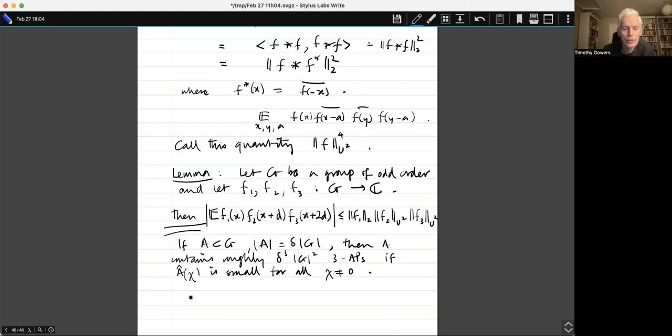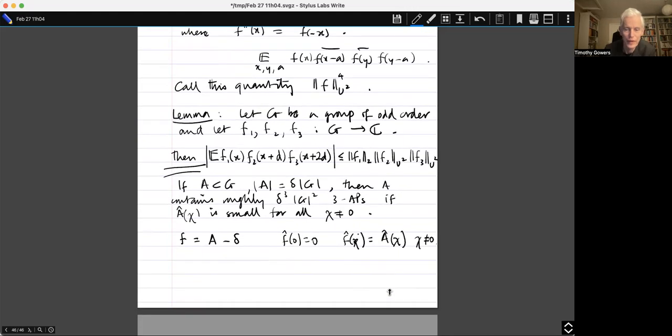Now, let's just think about, if you remember, towards the end of the proof of Roth's theorem, we introduced what I called the balanced function, which was f equals A minus delta, and we observed that f hat of 0 equals 0, and f hat of chi equals A hat of chi, if chi is not the trivial character, which I've denoted by 0.